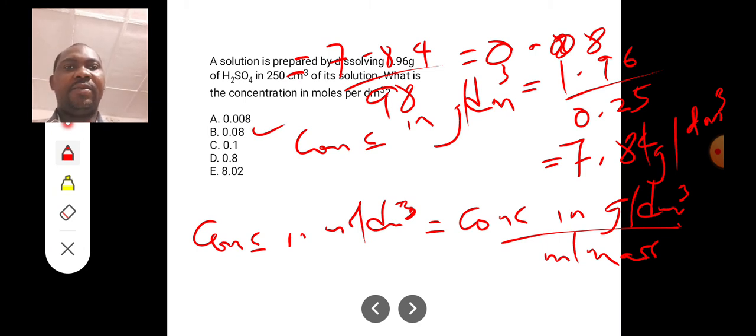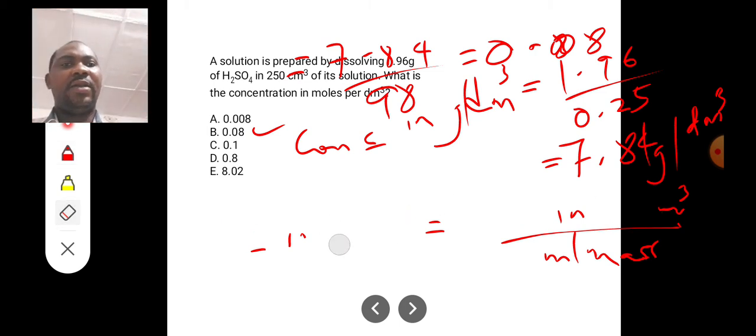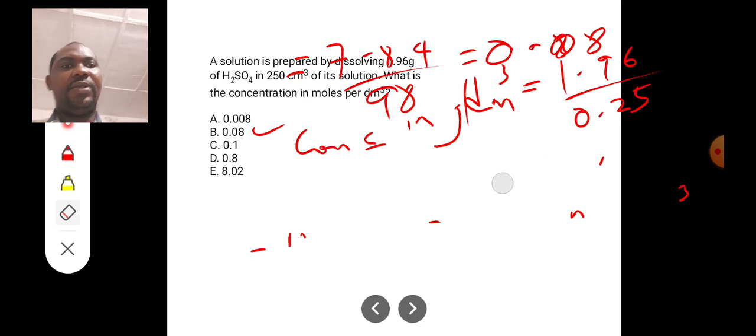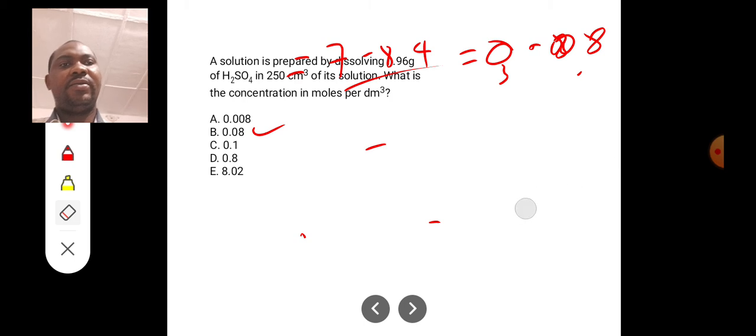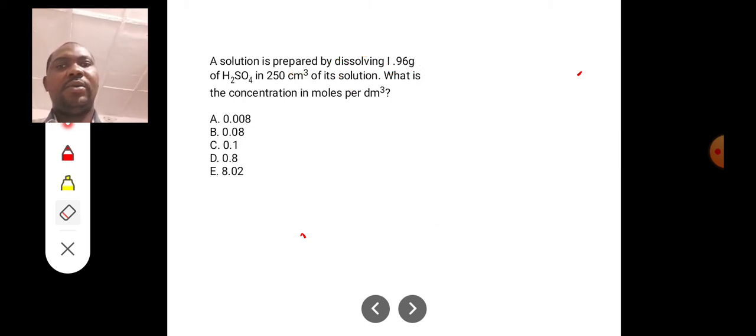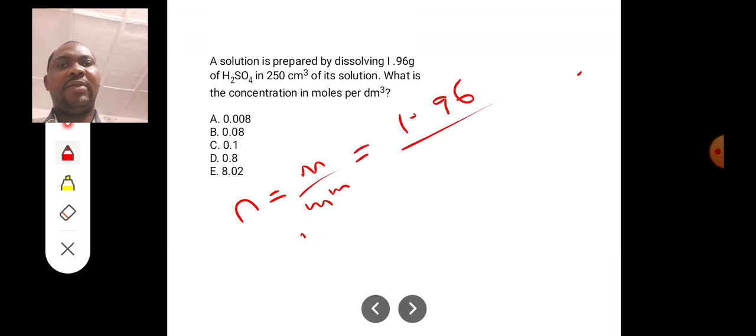Now we can achieve the same thing by finding the number of moles first. After finding the number of moles, we then use the formula. Another way we can achieve the same result is by finding the number of moles. The number of moles is equal to mass over molar mass. So that would be 1.96 divided by the molar mass, 98.